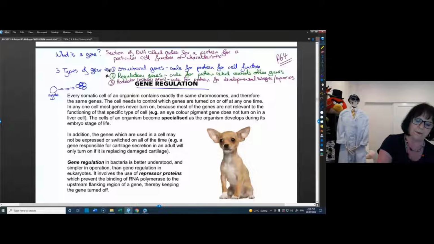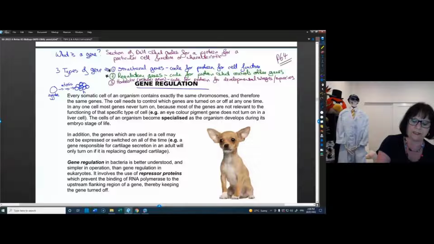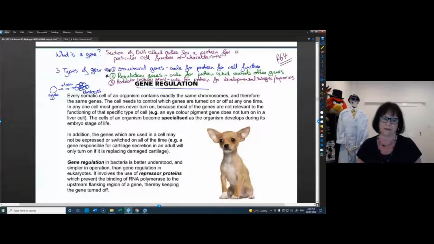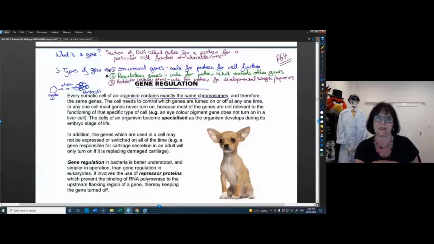From that point on, that cell undergoes cell division. Copying, absolute copying. It's called mitosis. And we get this ball of cells called a blastocyst or stem cells. Every single one of those cells contains exactly the same DNA. It's just a copying process.